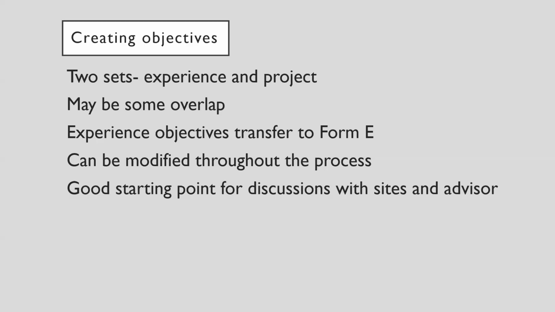Your project objectives will also go on to your project evaluation form. This form is coming later though. So while you'll draft up your project objectives now and really think about how you want the experience and the project to connect, you'll have a little bit longer of an opportunity to think about those project objectives and come back to them.